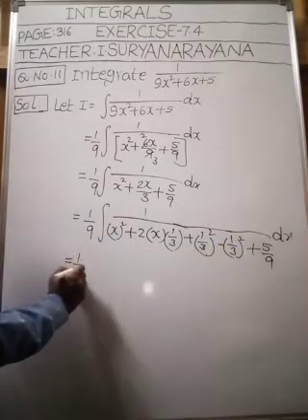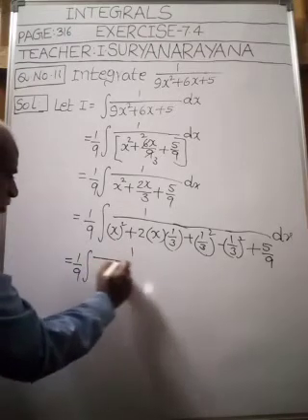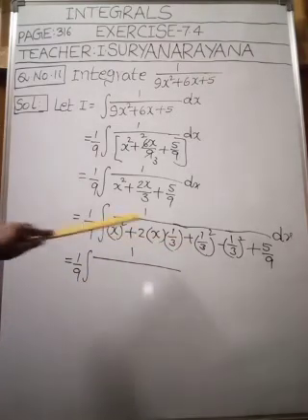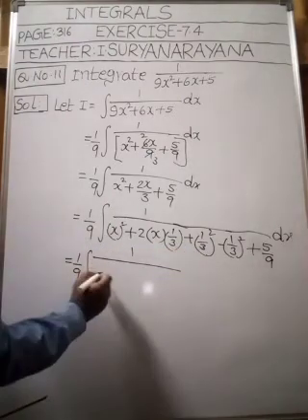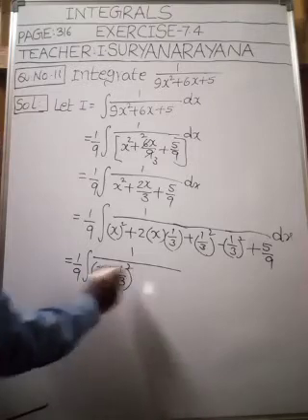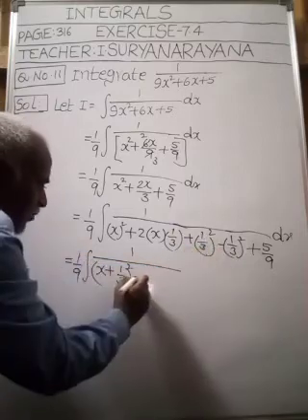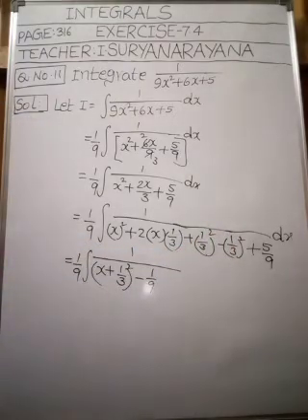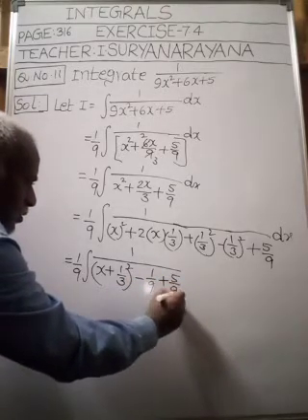That is equal to 1 by 9 integral 1 by, these three terms are in the form of a square plus 2ab plus b square. Isn't it or not, my children? So these three terms can be written as x plus 1 by 3 whole square. Then what is left here? Minus 1 by 3 whole square. What is the value of 1 by 3 whole square? 1 by 9. Plus 5 by 9 dx.